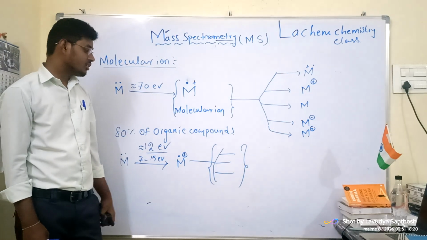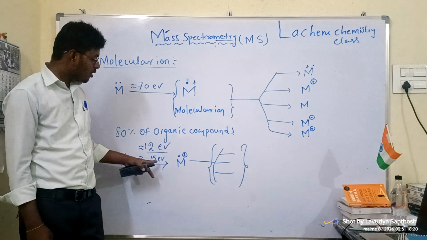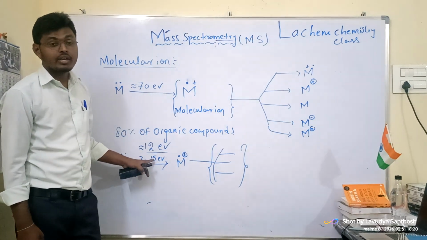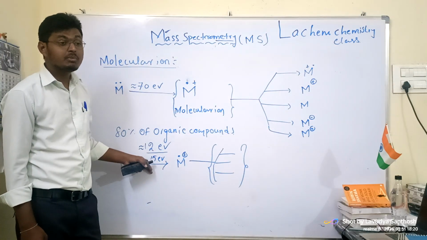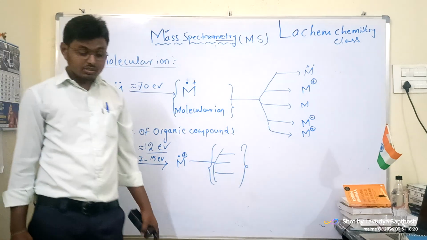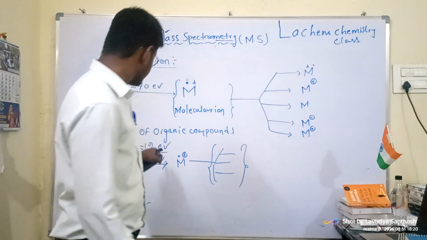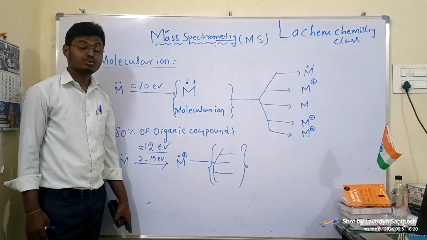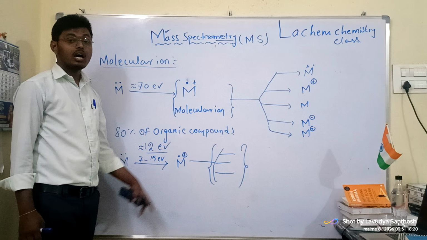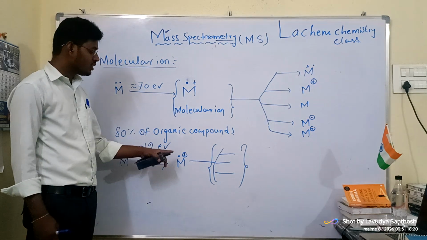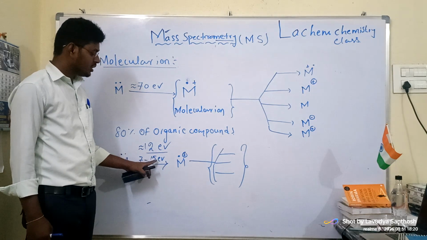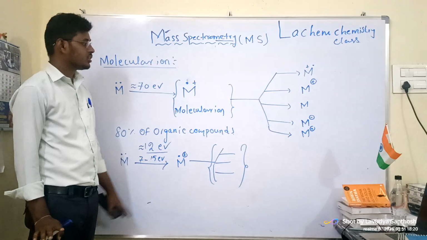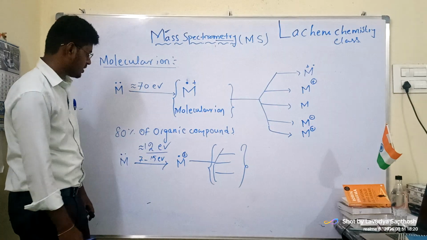Now your option is obviously 15. The maximum electronic energy given to generate molecular ion is 15 electron volts. That is the concept of this.